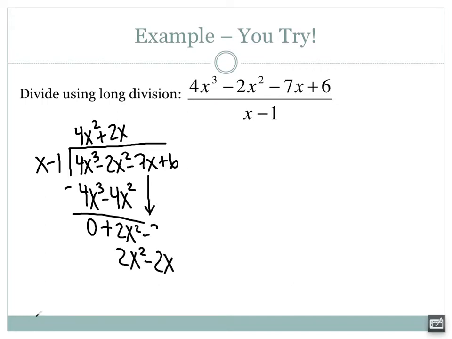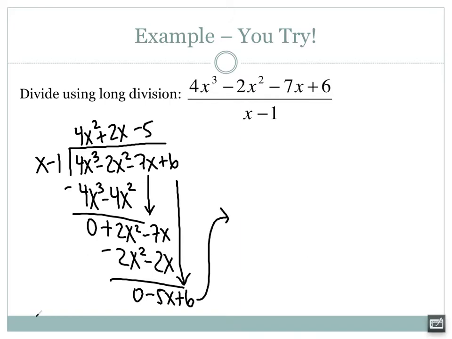Sorry, I forgot to bring down that negative 7x. Now subtract 2x squared is 0. Negative 7x, subtract negative 2x becomes negative 5x. Bring down that 6. Negative 5x divided by x is negative 5. Sorry, I ran out of room again.